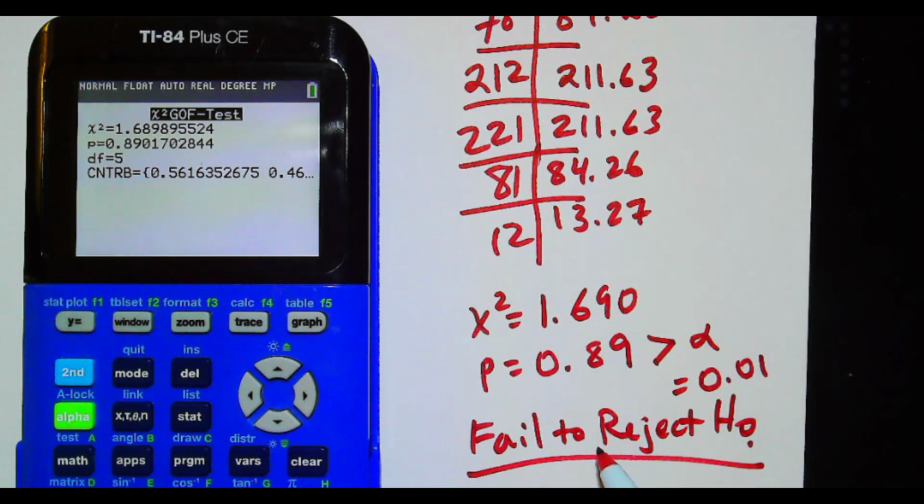The null hypothesis was that the distribution was normal. So we do not find statistically significant evidence to support the claim that the distribution is not normal.